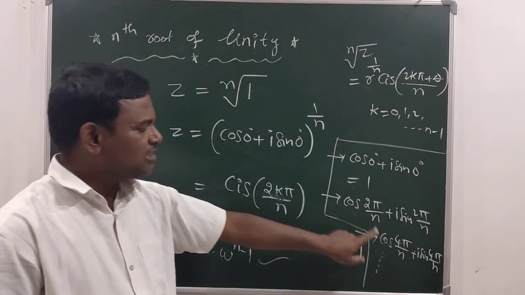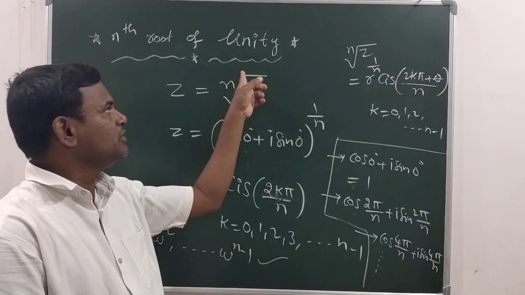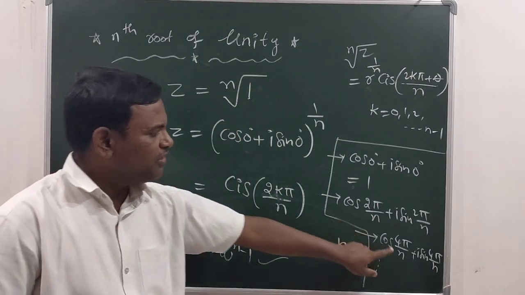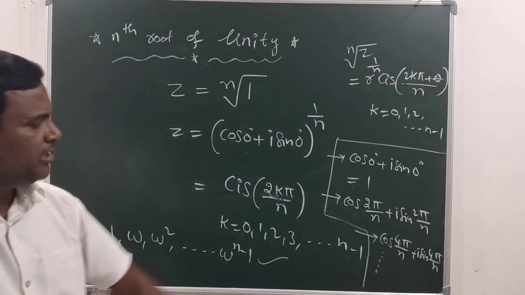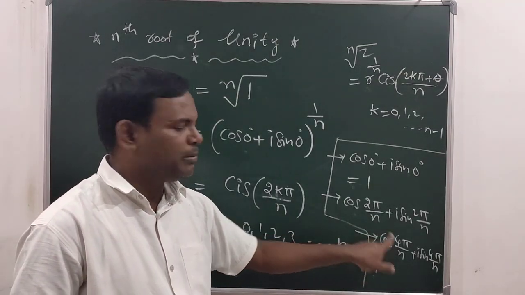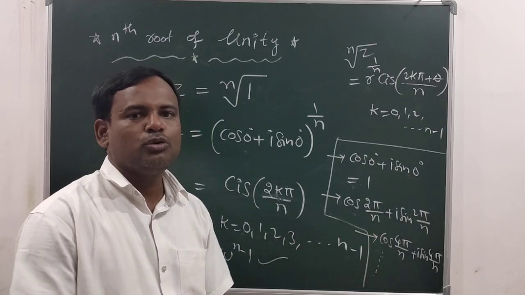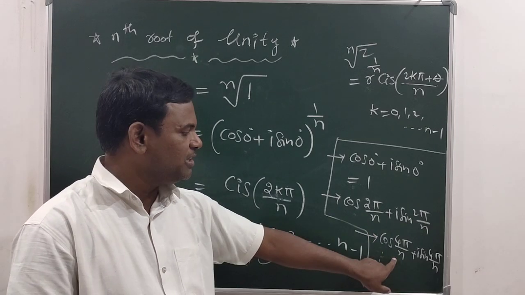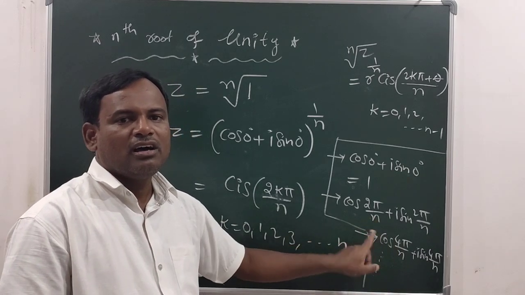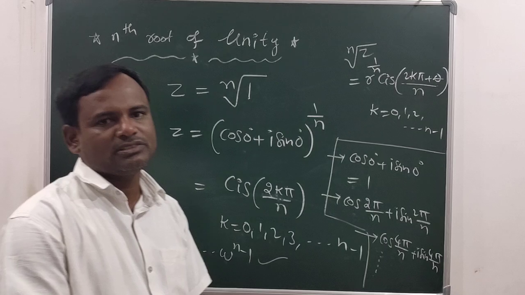These are successive roots of this unity. Now observe the difference between their argument. Here, what is the difference between this argument? 2 pi by n. 4 pi by n minus 2 pi by n. You will get 2 pi by n is the difference between the successive arguments of these two successive complex numbers.